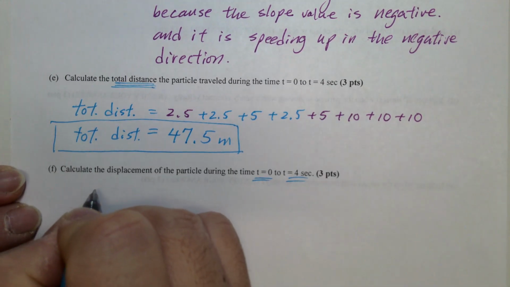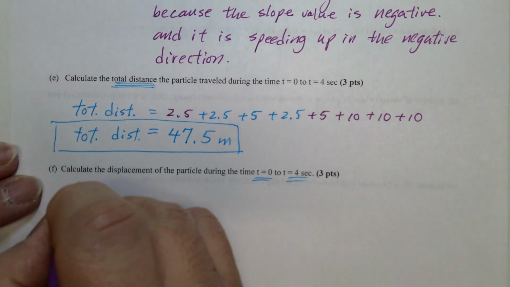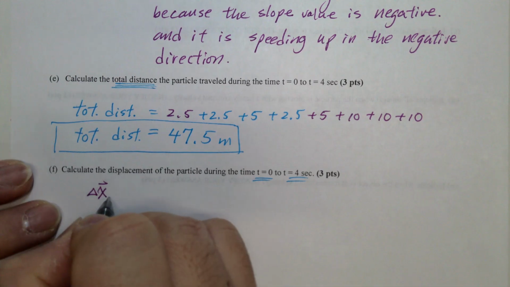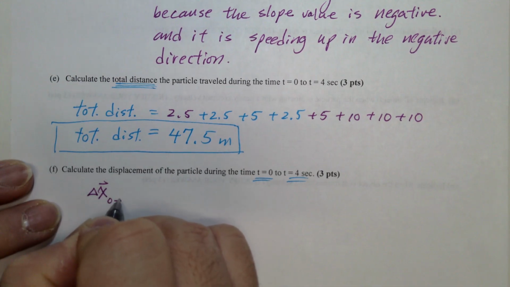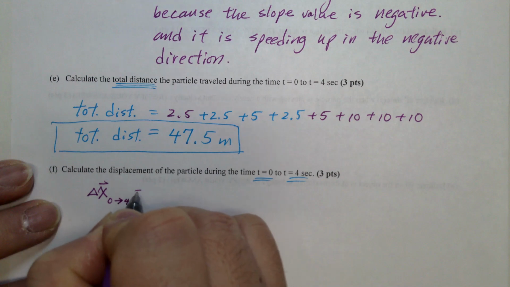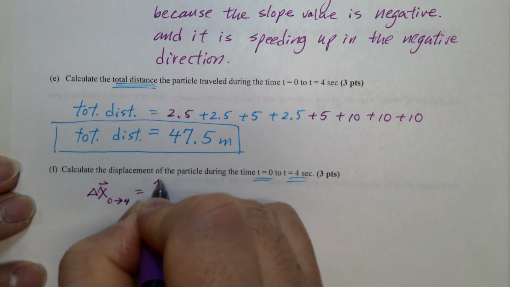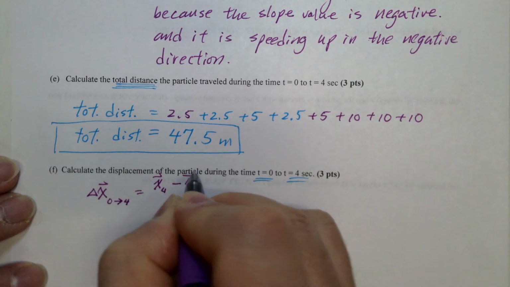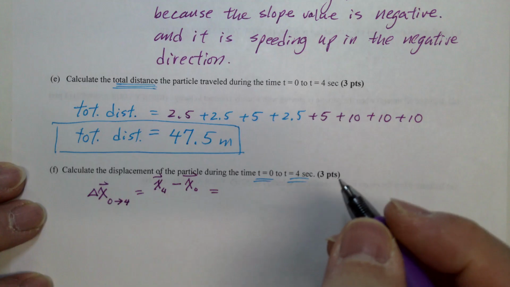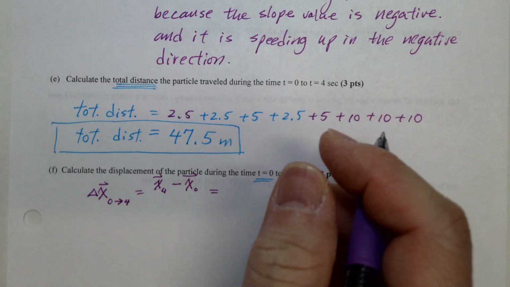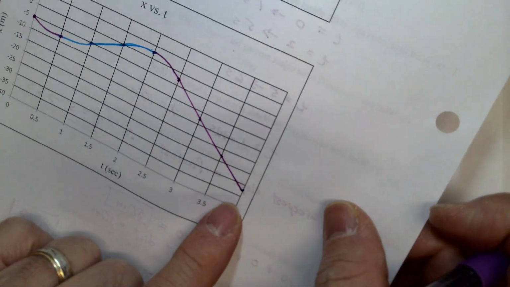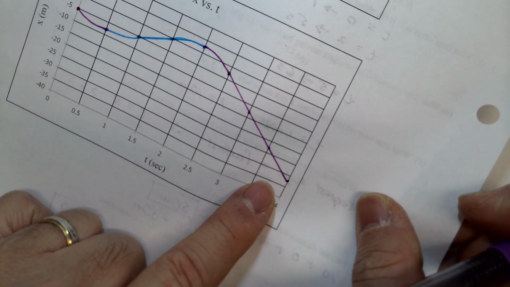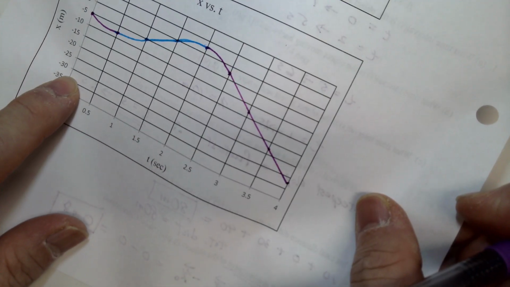So you can do this by saying, okay, well, change in position from 0 to 4 seconds is equal to x at 4 minus x at 0, right? Therefore, what's my x at 4 seconds? My x at 4 seconds is negative 32.5, right?